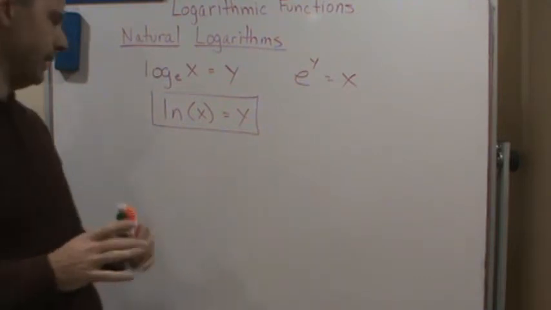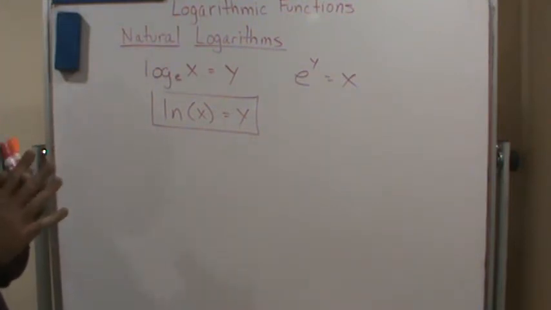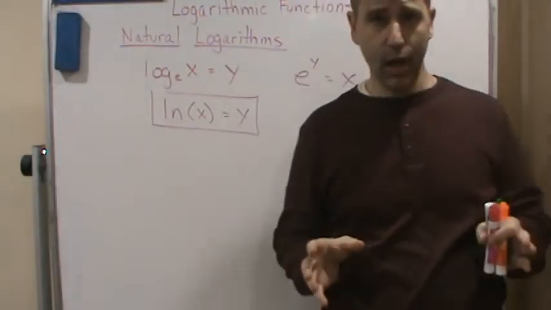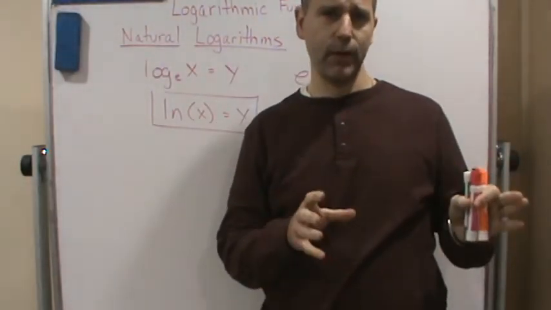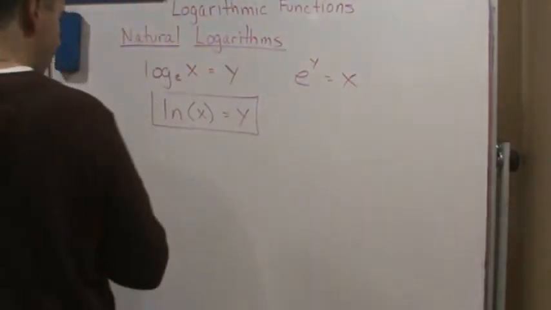Okay, so that being said, there's a couple of things that I want to mention and go over with you. Remember I said that log functions and exponential functions are inverse operations. So here's something to keep in mind.